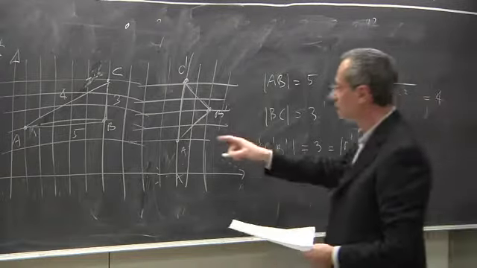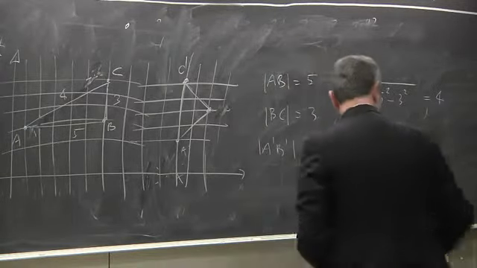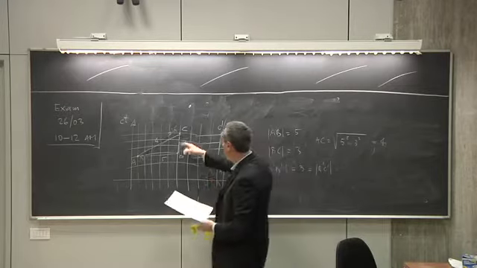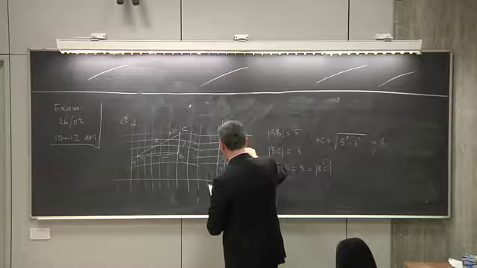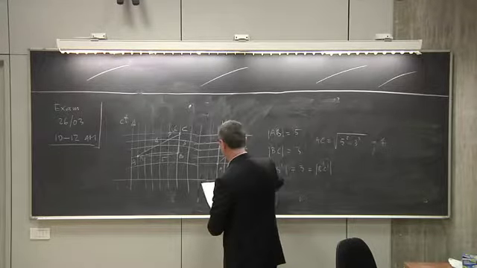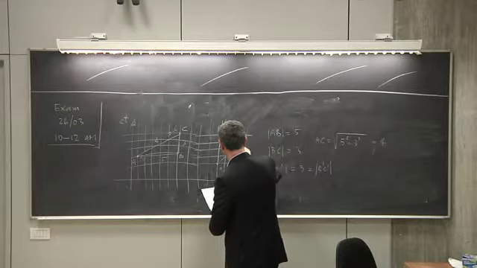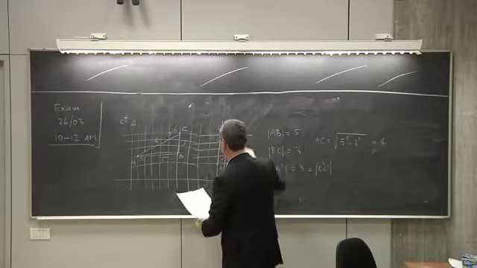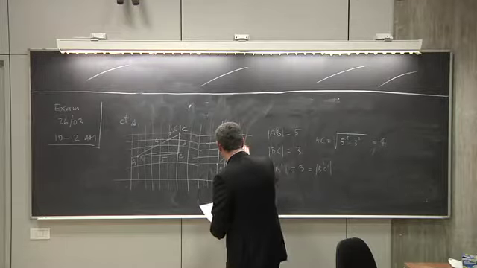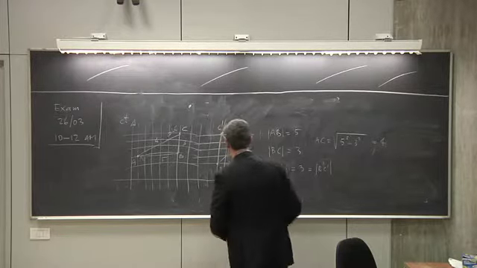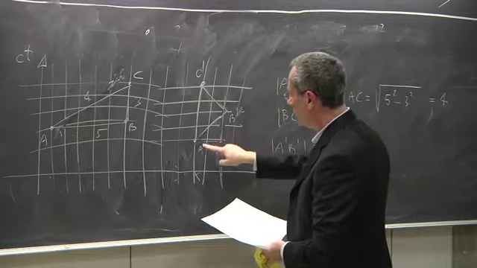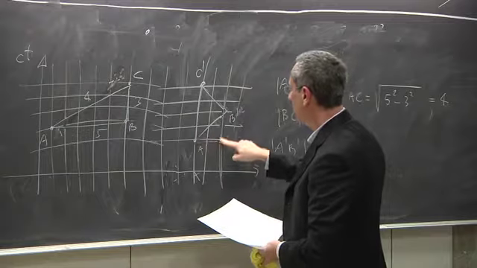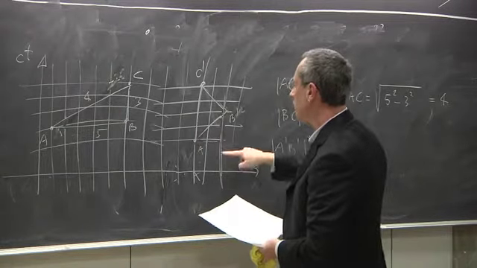No, I'm sorry, I made it wrong. I computed this as 3, so let me draw it correctly. A, B. I want 2 squares here, let's say 2. You see, how long is A B prime? It's 2, right? And then 2 here, but it's 2 minus 2.